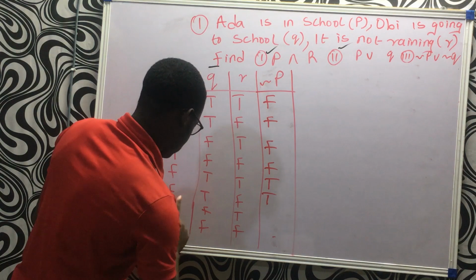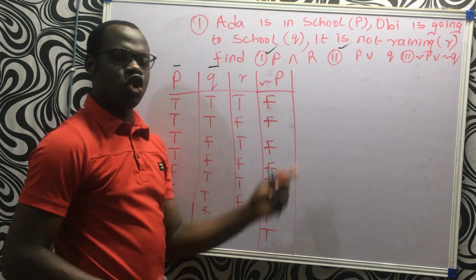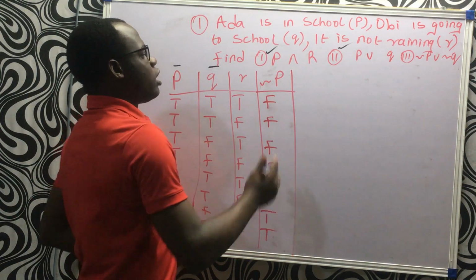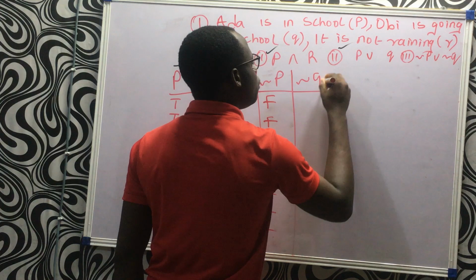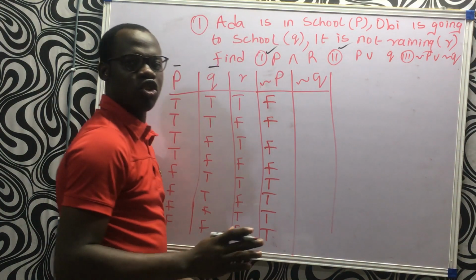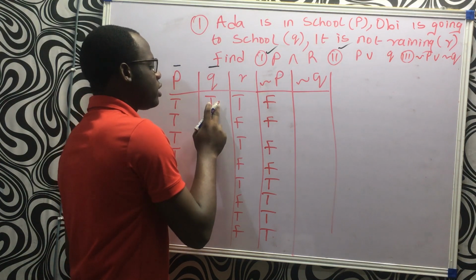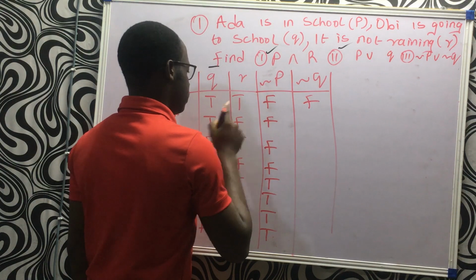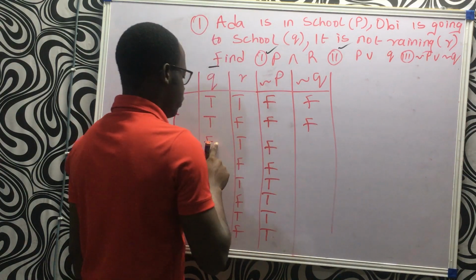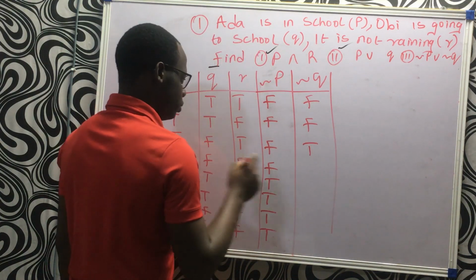True, true, true. So it's just the opposite of P. Now, we also get the negation of Q, which is the opposite of Q. At this point, the first input here says true, so the opposite becomes false. At the point where we have false, it becomes true.